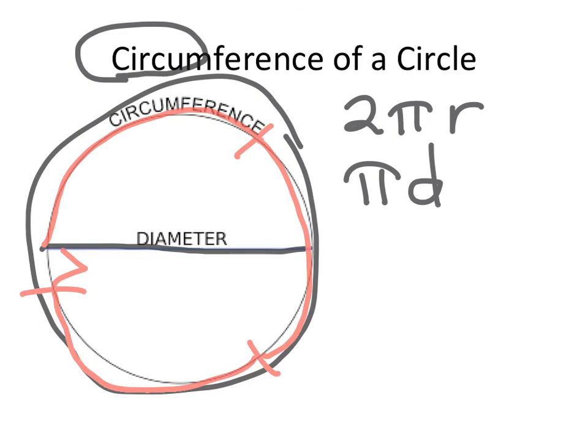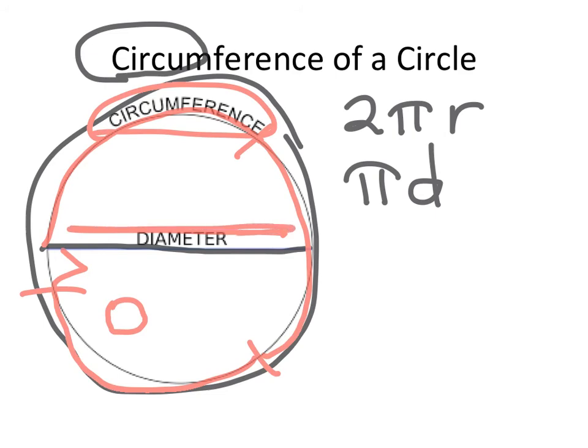We want them to be able to, in kid language, understand that the distance around any circle, no matter how big it is, whether it's tiny like this or whether it's as big as a room, the relationship between the diameter and the circumference is always going to be the same. It's going to be 3 times the diameter and a little bit more.